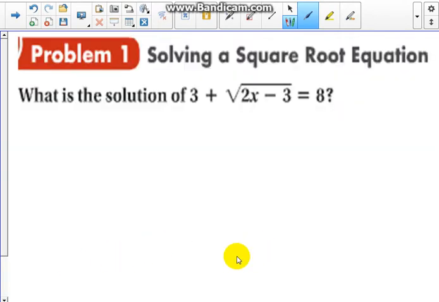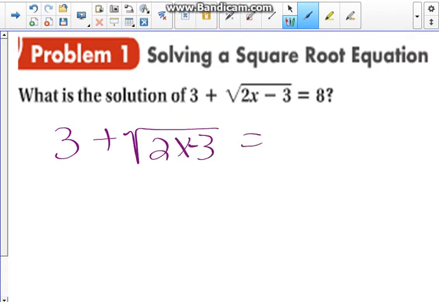In our first problem, we have solving a square root equation. What's the solution of 3 plus radical 2x minus 3 equal 8? Well, you want to clear all terms but the most complex, your radical, from one side of the equal sign. So I want to keep this and get rid of the 3.